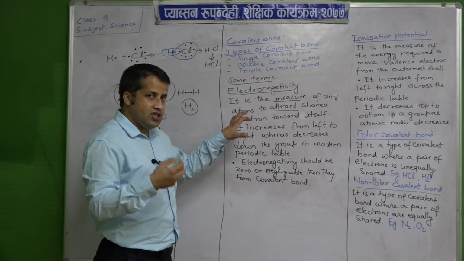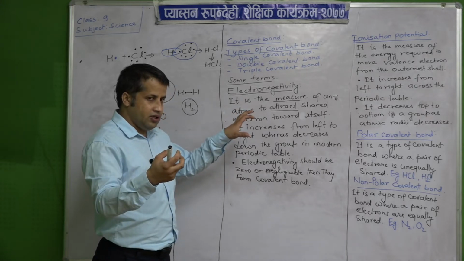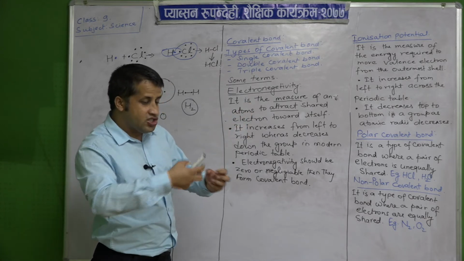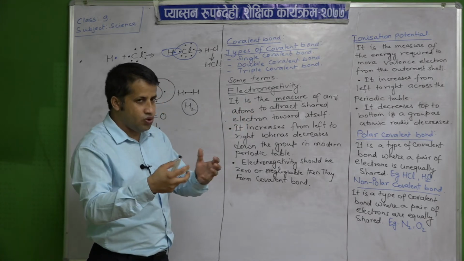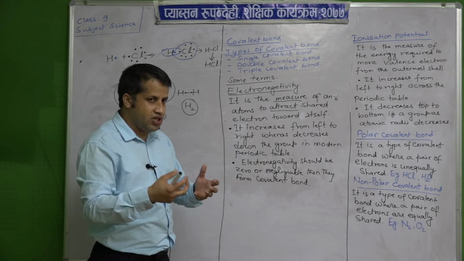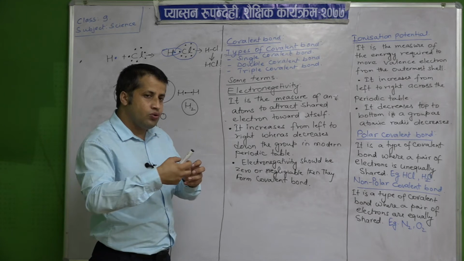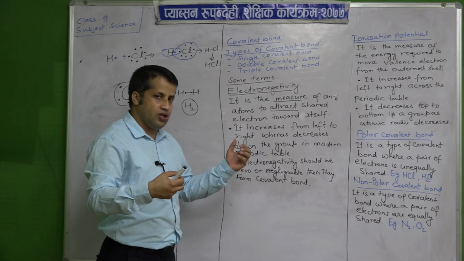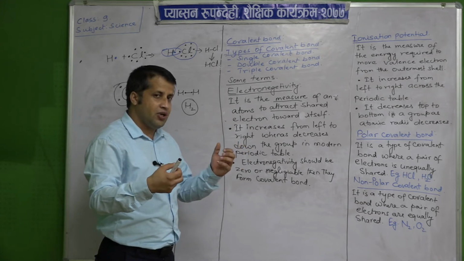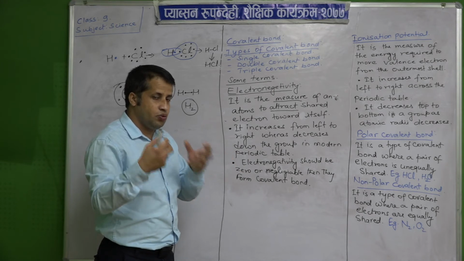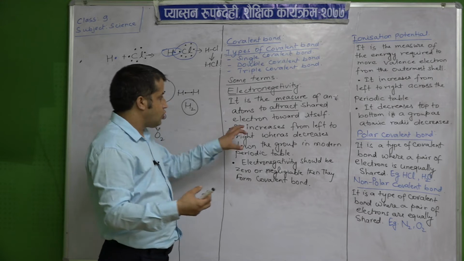Electronegativity is responsible for attracting shared electrons. Both of them are sharing, a covalent bond is there, but one of them will attract a little more electron towards itself as compared to the other, because of its atomic size or nuclear charge existing between them.